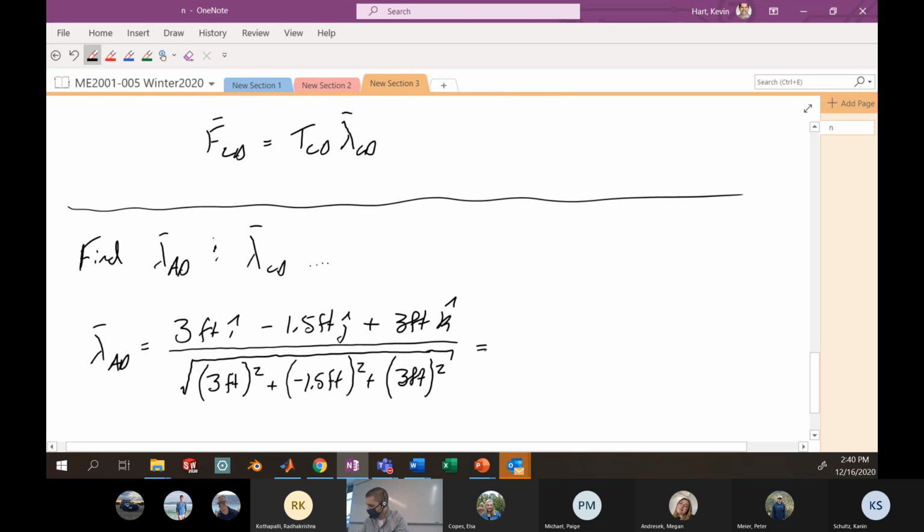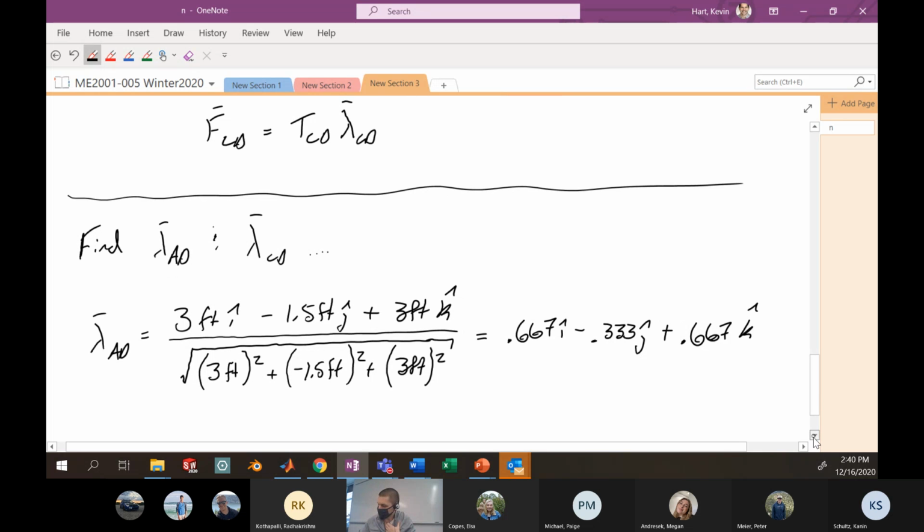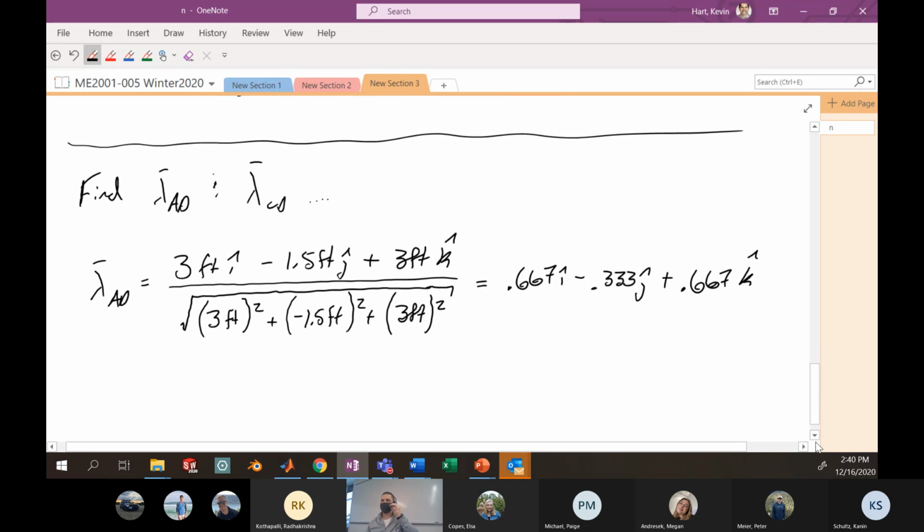Working through this, 0.667 i hat minus 0.333 j hat plus 0.667 k hat. Nice round numbers. You could use 2/3, 1/3, 2/3 if you want. I like working in decimal for these unit vectors. It just makes me a little more comfortable. They're not always going to be nice fractions, so I just like to work with decimal.